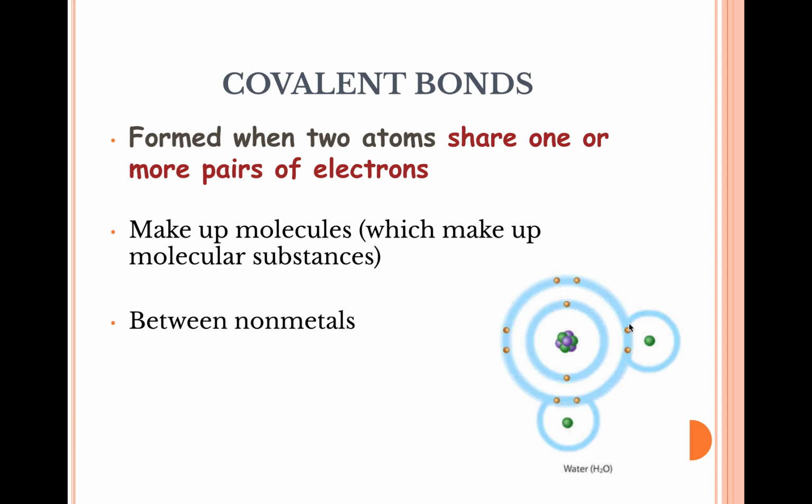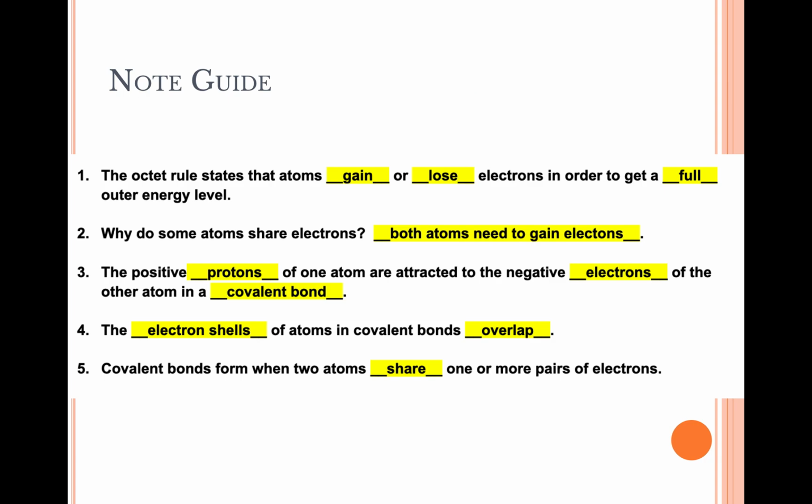These electrons are shared between the hydrogen and the oxygen. These electrons are shared between this hydrogen and oxygen, but hey, sharing is covalent. We're going to have covalent bonds between two nonmetals because nonmetals need to gain electrons. And if two nonmetals get close together, they both want to gain, so they're going to share to make them both full or happy. Press pause as you put these into your notes.